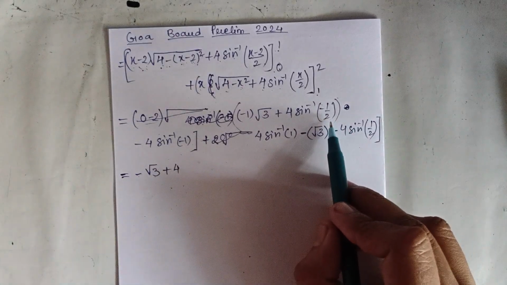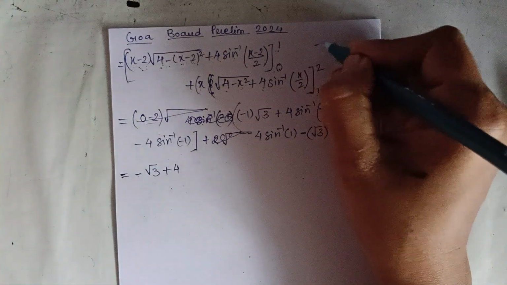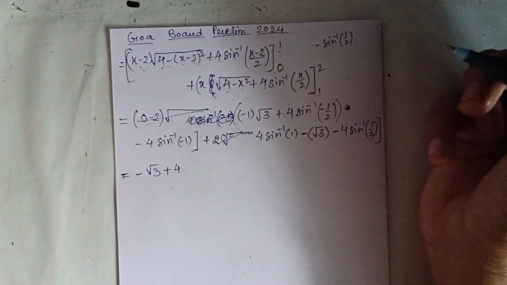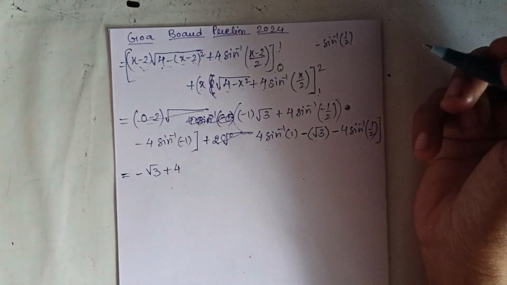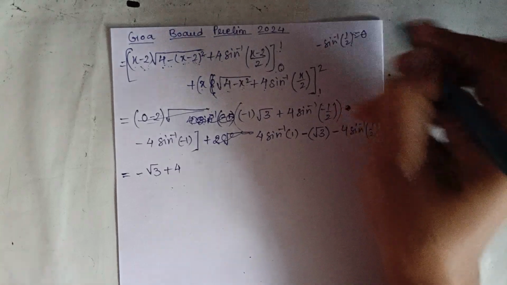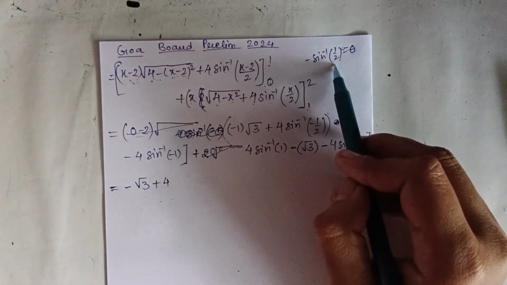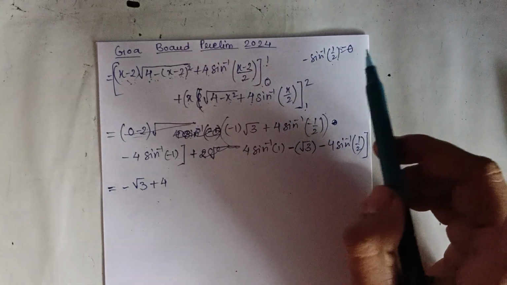So sine inverse of minus half means minus of sine inverse of half. And sine inverse of half, if you put it equal to theta, okay, so sine of theta is half. So this is 30 degree. 30 means pi by 6.